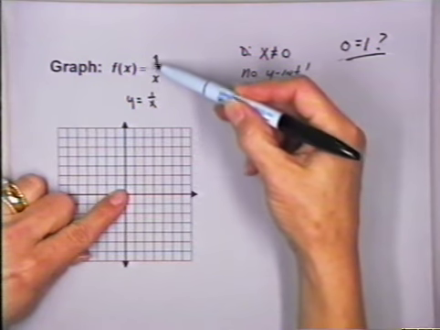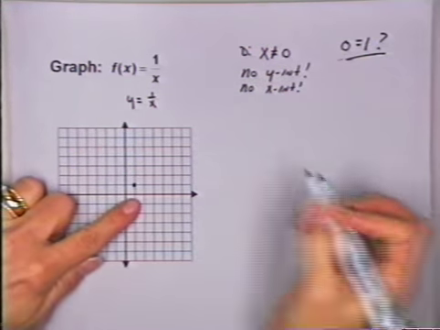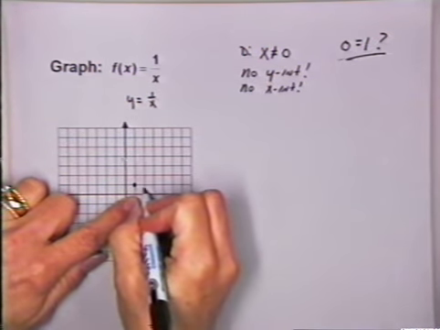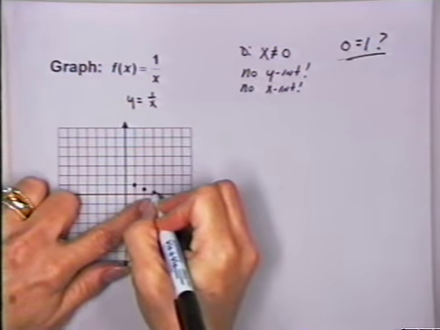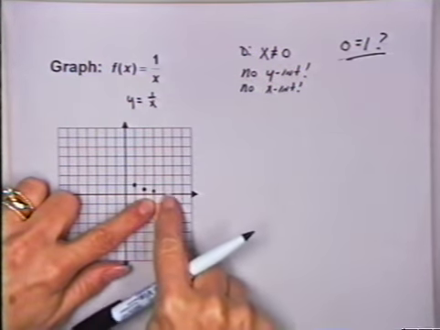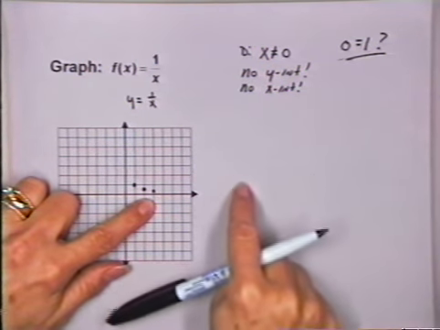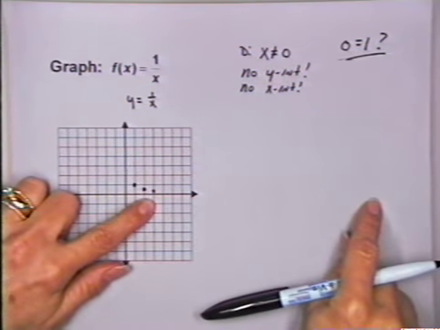Now, let's review a little bit by picking some values of x. If x is 1, 1 over 1 is 1. So whenever x is 1, so is y. If x is 2, 1 over 2 is 1/2 for y. If x is 3, I get 1/3. And the farther out in this direction I go, I get 1 over 10, 1 over 20, 1 over 30, 1 over 100.